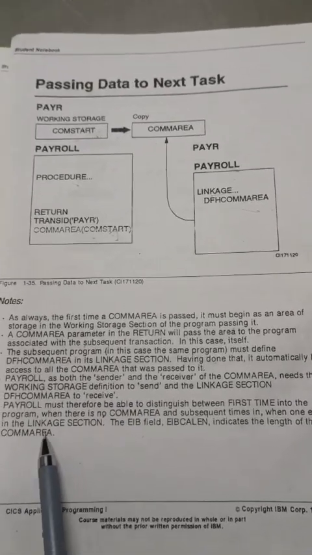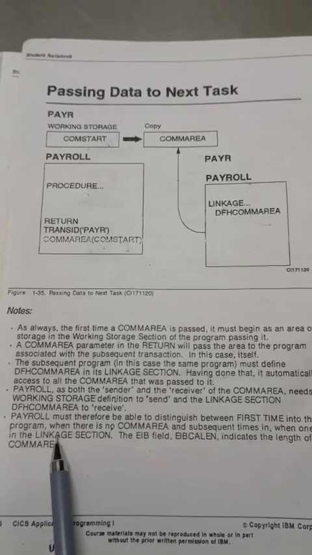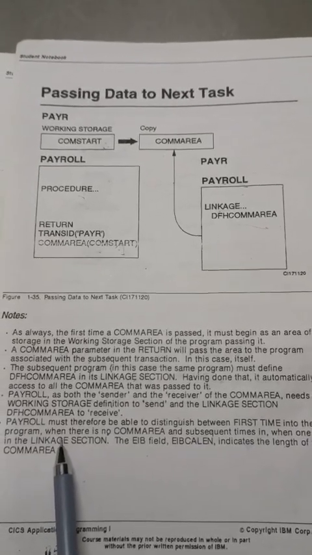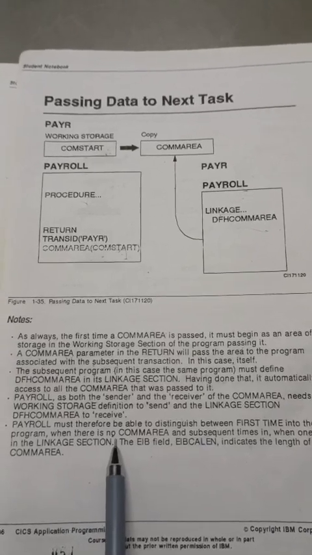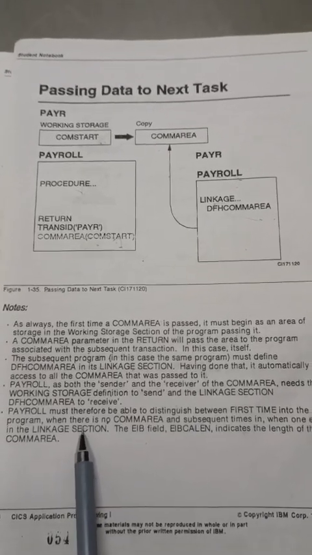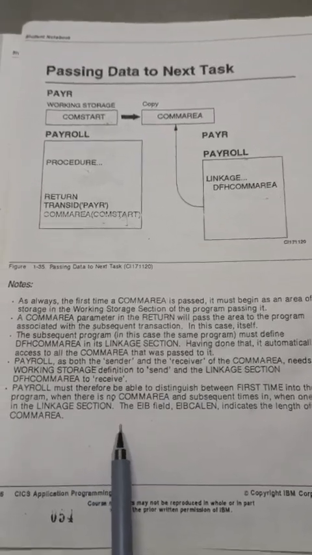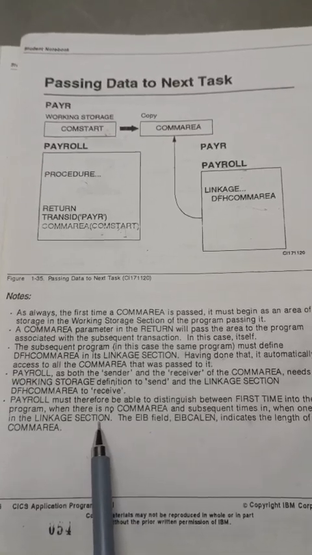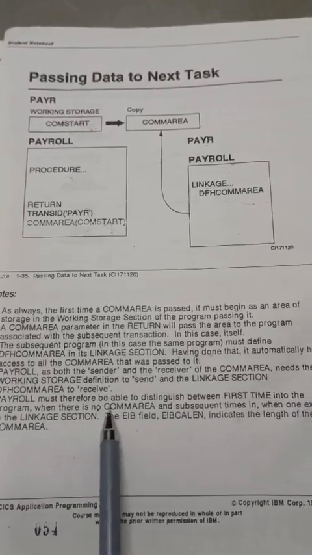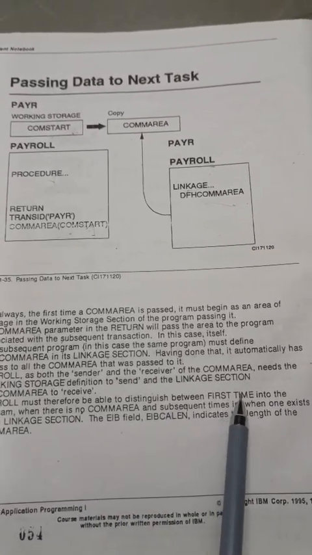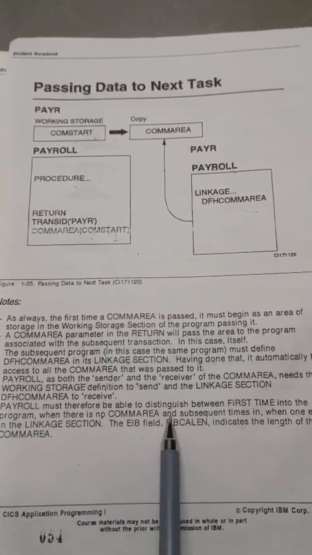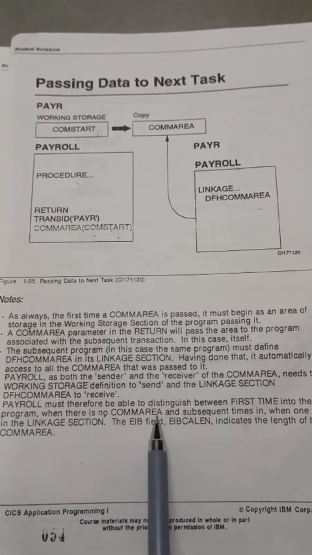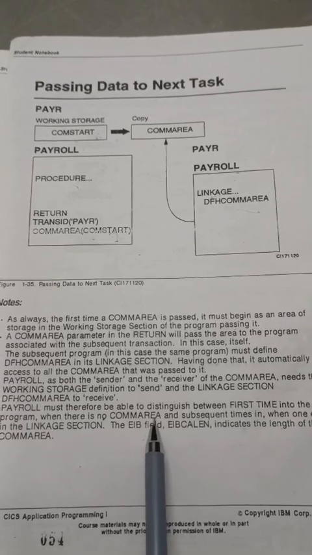And how to identify, because I am calling the same program, whether it is the first time or the second time? There is one way to check the syntax. Payroll must be defined to handle two cases: the first time into the same program, when there is no COMMAREA, meaning the first time whenever calling, the COMMAREA length is zero.